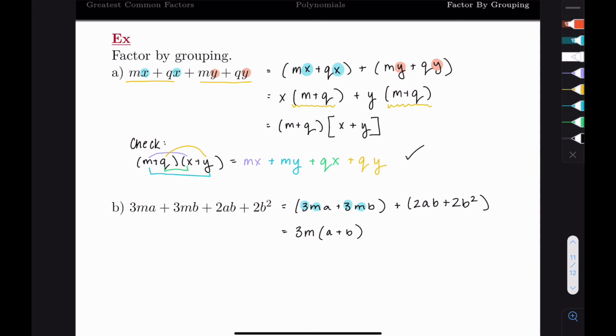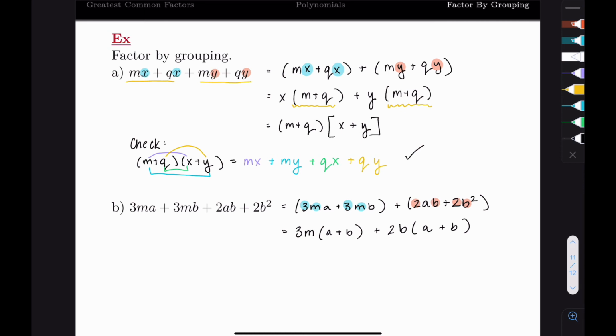From the second piece, they both have a 2 in common, and they both have a b. So I'm going to take out the 2, and I'm going to take out a single b. So from the first piece, I'm left with an a. I take a single b out of the second, so I'm left with 1b.